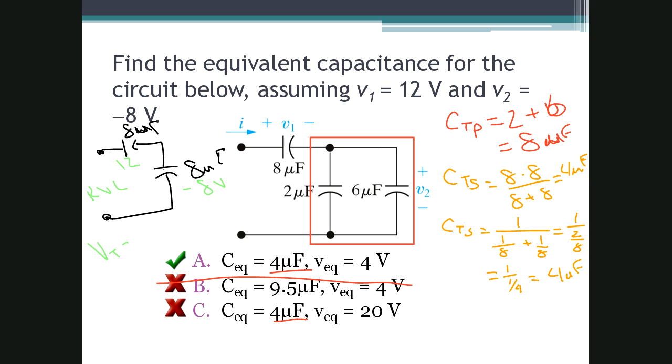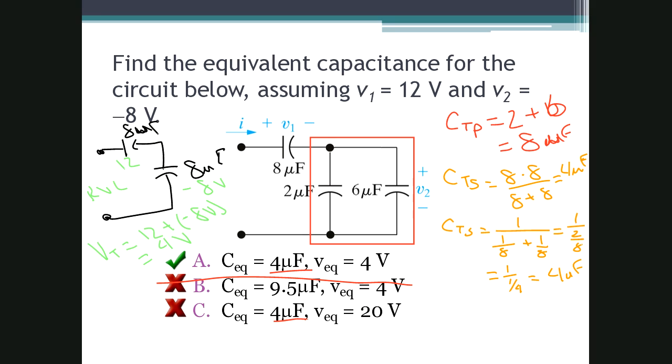So here we have 12 volts, and I'm going to put addition just to keep that definition valid, which would be plus minus 8 volts, which is really saying 12 minus 8 volts, is equal to 4 volts.